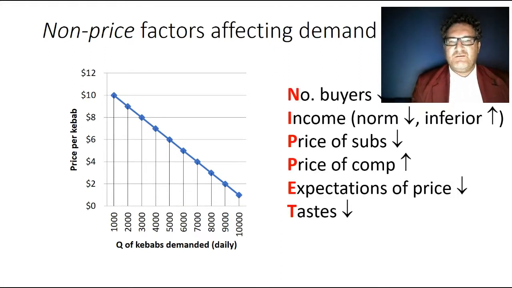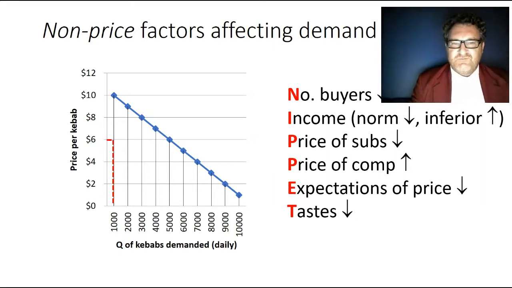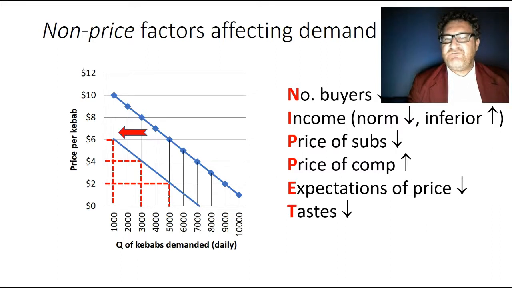When we're thinking about a decrease in the number of buyers, or a decrease in consumers' income, assuming it's a normal good, or a decrease in the price of substitutes, or an increase in the price of complementary goods, or if you expect prices to fall in the near future, or if consumers just don't like the product as much as they did before, in each of these cases, no matter what the price is, consumers are willing and able to purchase less than they did before. And we can represent that graphically by shifting the demand curve to the left.